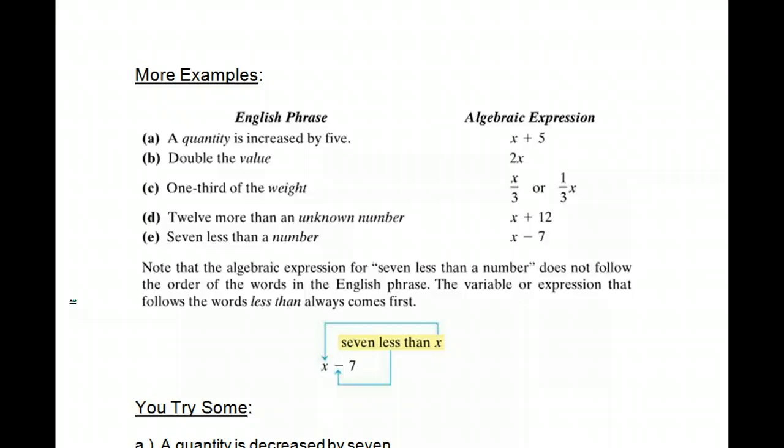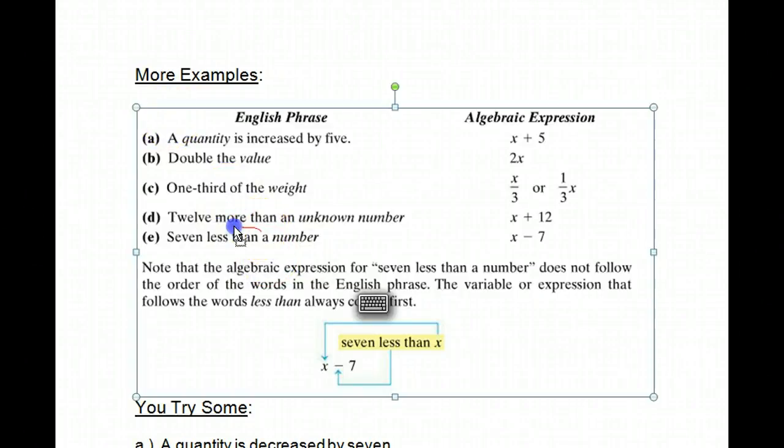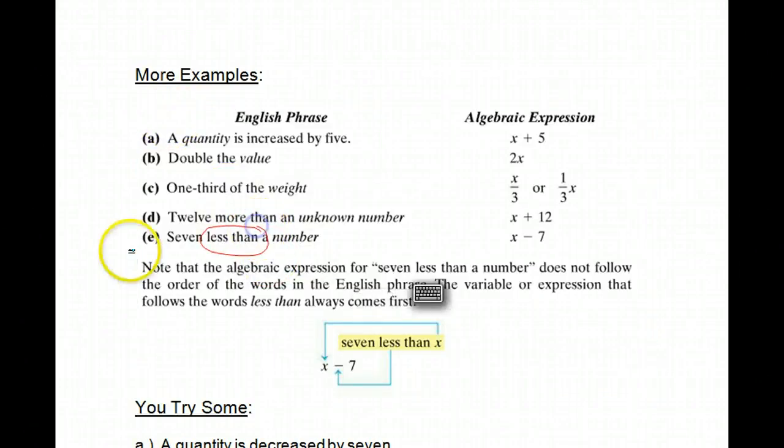I would like to point out for that one that when you are using the words less than here, that's different than the inequality because the verb is not listed there. If it had said 7 is less than, then you would have used the inequality symbol like that.